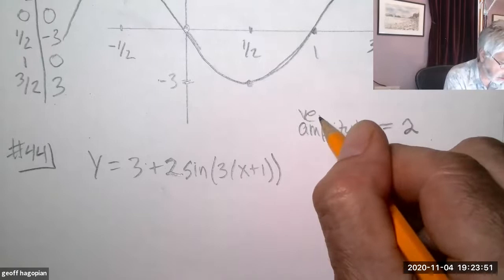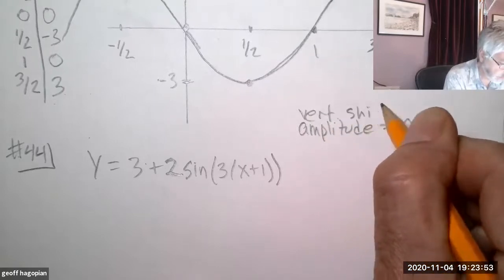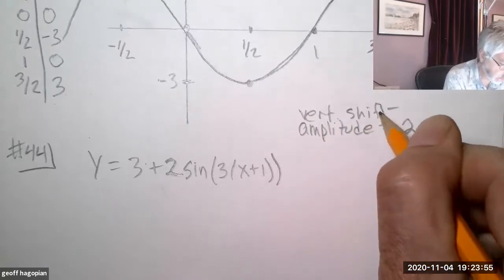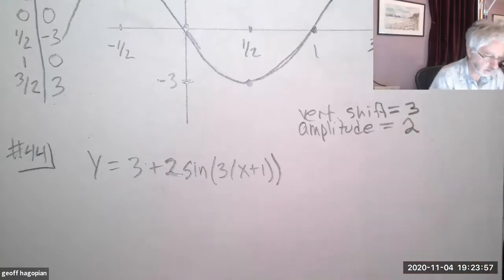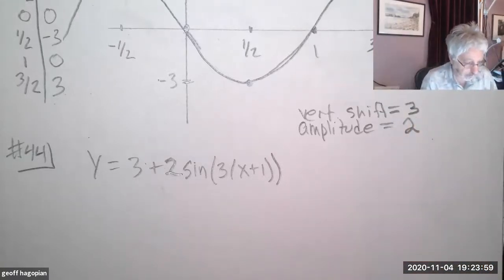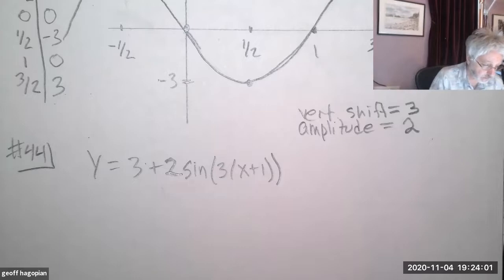Let's say the vertical shift equals 3. So what are we going to oscillate between? Well, 2 less than 3 is 1, and 2 more than 3 is 5. So we're going to be oscillating between 1 and 5. The y value will be oscillating between 1 and 5.